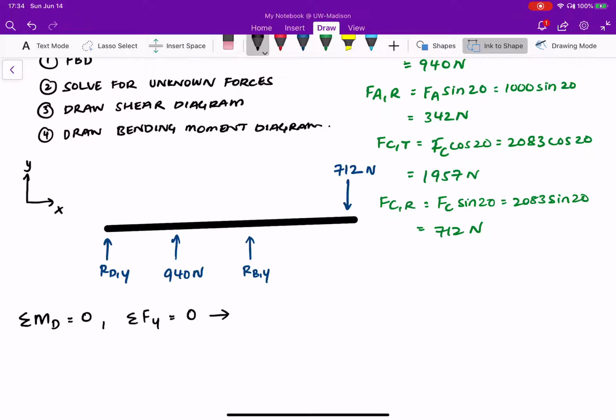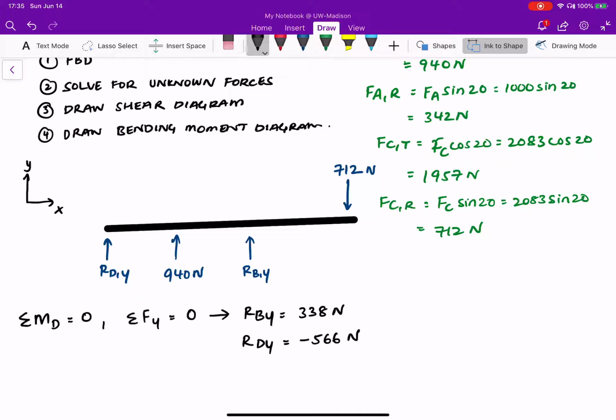And you should get RBY is equal to 338 newtons, and RDY, which is equal to negative 566 newtons.